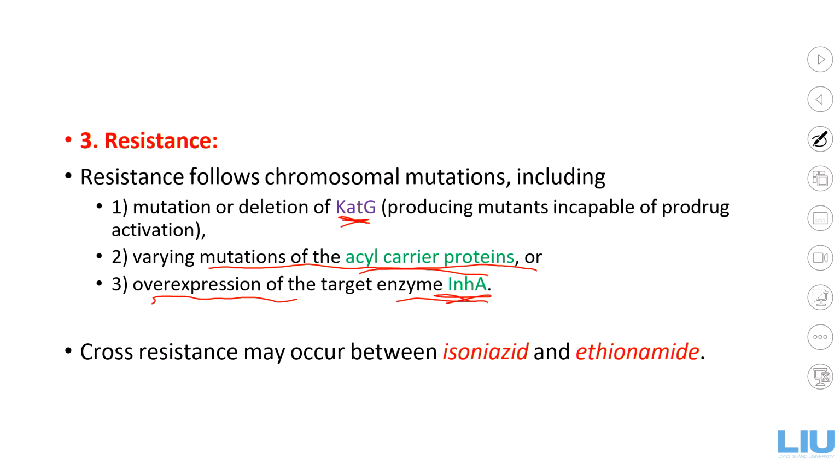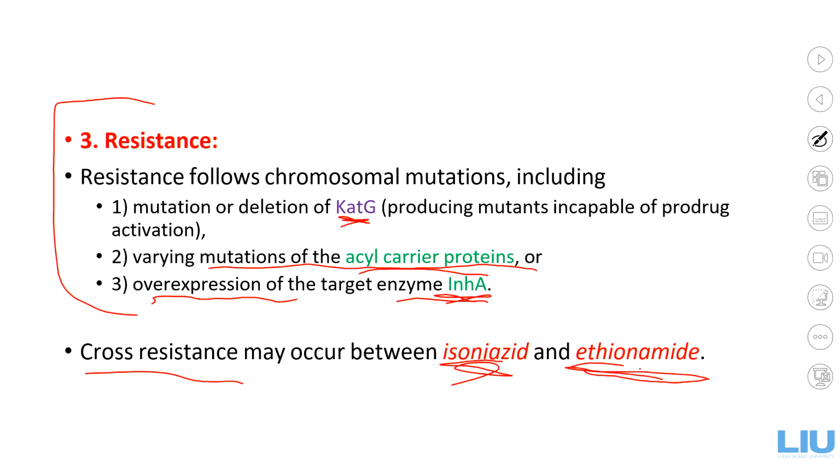Questions? Okay. Now, if this resistance develops, if we know this bacteria has resistance to isoniazide, then there is something called cross-resistance between isoniazide and ethionamide.